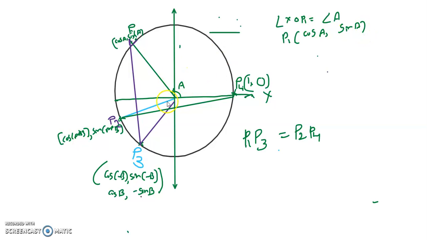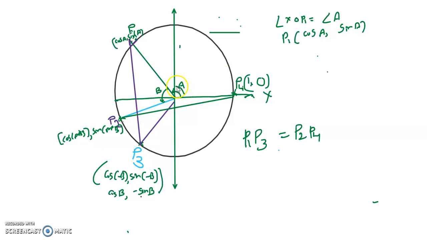Now, in order to prove it for A plus B, I will choose an angle from this point P1 to this point. It is an angle B. Then I will join the center with the point at which this angle B meets.